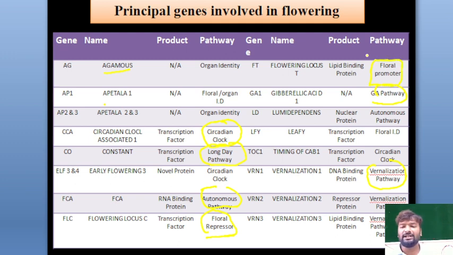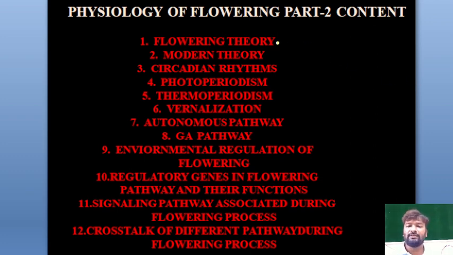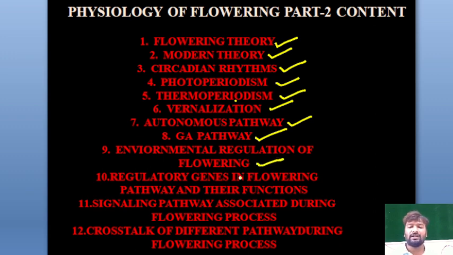So in this lecture, we will discuss these pathways in detail. We will discuss some old flowering theories, then the modern theory, then in detail the circadian rhythms, then phototropism, photoperiodism and thermoperiodism, then vernalization, then the autonomous pathway, then the GA pathway, then how the environment regulates the flowering process, then regulatory genes in the flowering pathway and their functions.